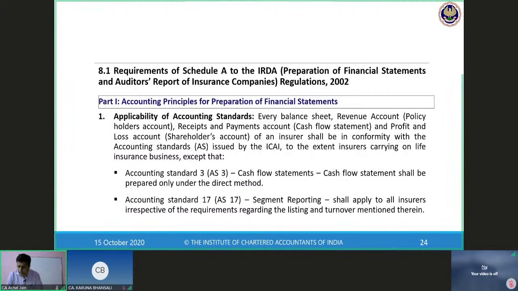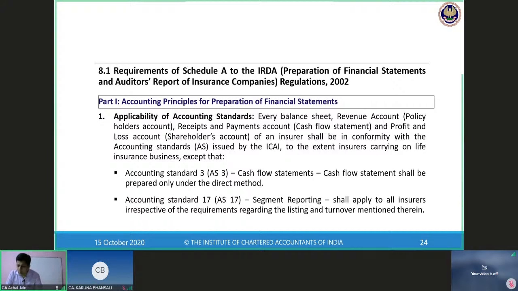So let's understand that every balance sheet, P&L, revenue account, receipt and payment, cash flow of an insurer shall be in conformity with the AS, to the extent insurers carrying on life insurance business, except that AS3 shall be prepared only under the direct method.